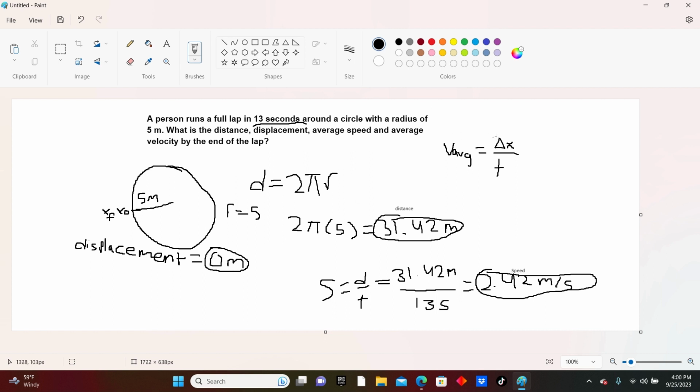So if we substitute 0 in, we get 0 over t, and that's just equal to 0 meters per second. So that's our average velocity. Keep in mind, if your displacement is 0, your average velocity is 0. This also shows that your average velocity can differ from average speed. They're not necessarily the same every time. So now let's move on to another question.